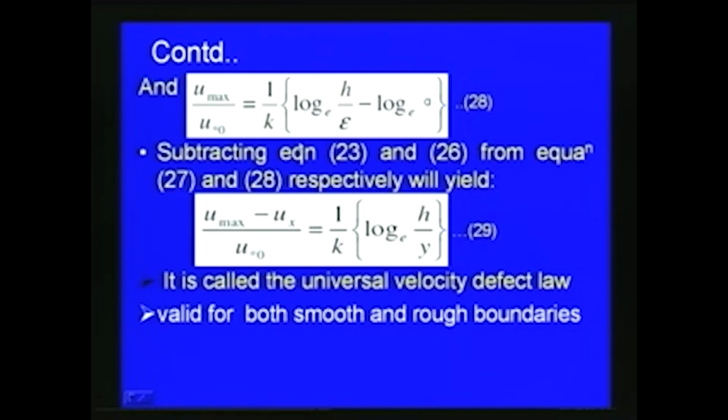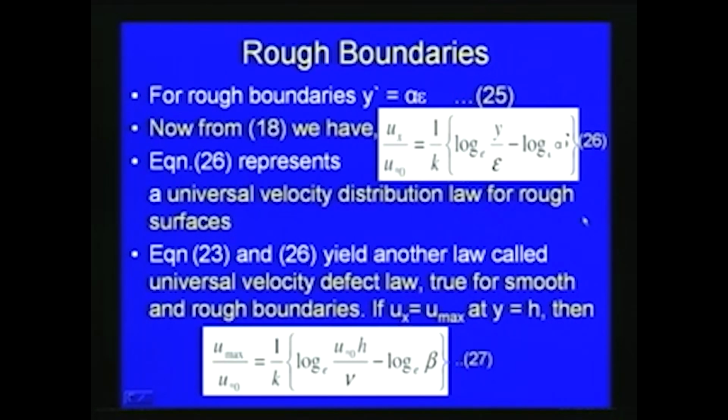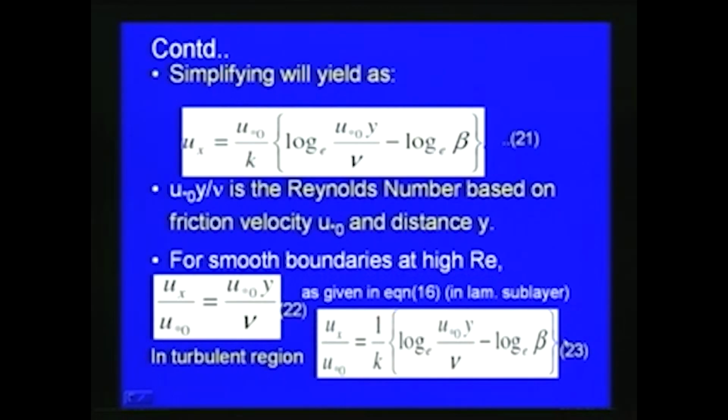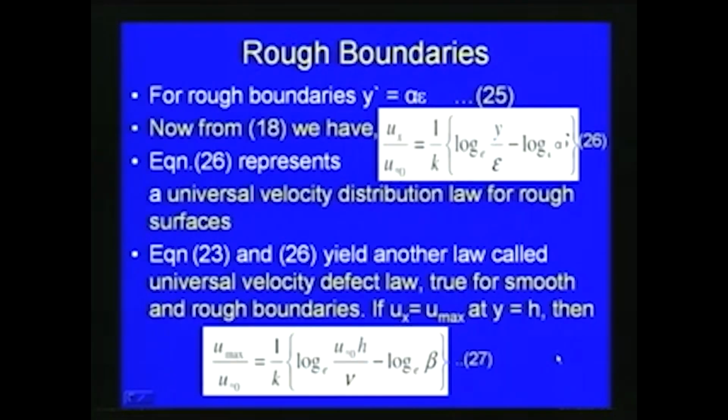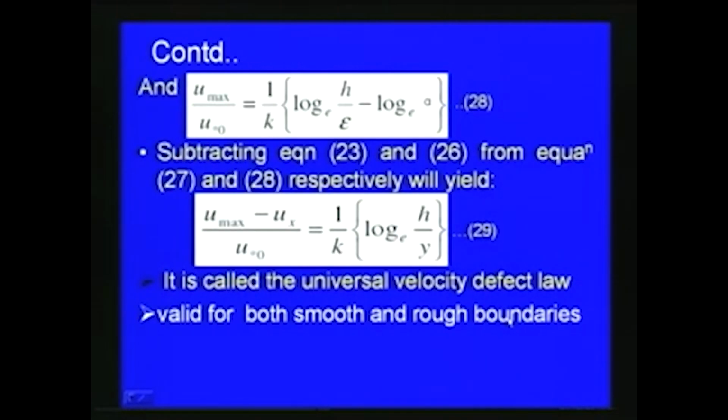If you subtract equations number 23 and 26 from equations number 27 and 28, you will get (u max minus u_x) divided by u*_0 is equal to 1 by kappa log e (h by y), and this is called the universal velocity defect law, which is valid for both smooth and rough boundaries.